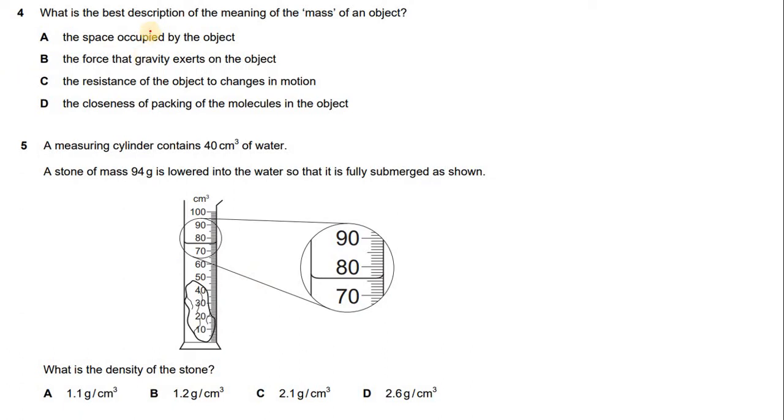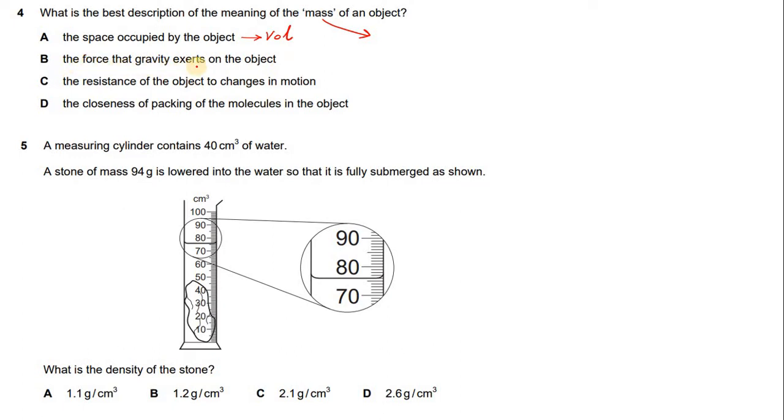Question number 4. What is the best description of the meaning of the mass of an object? Remember, mass is the resistance in the motion. So the resistance in the motion or state of motion is called mass. The space occupied by an object is not mass, this is volume.